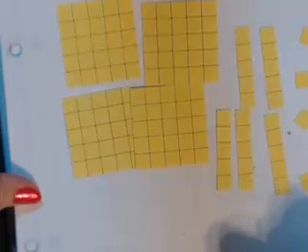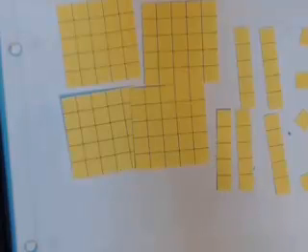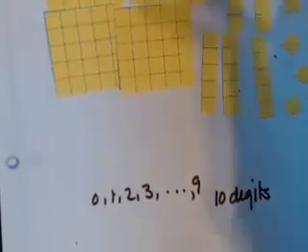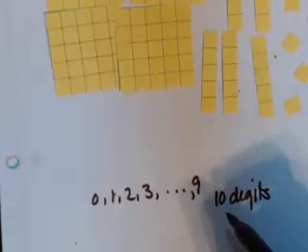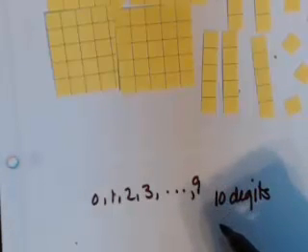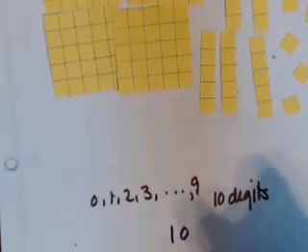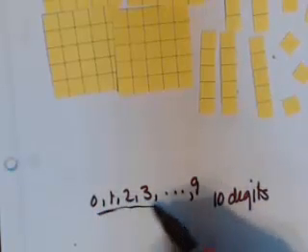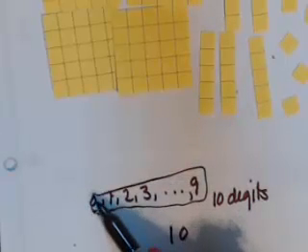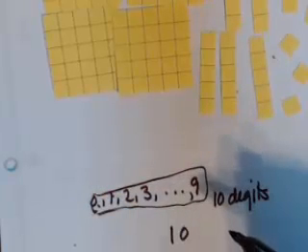But once we get past 9, we have to use our place value in order to make the number 10: 1 ten and 0 ones. We have 10 digits, but 0 is counted as one of those.